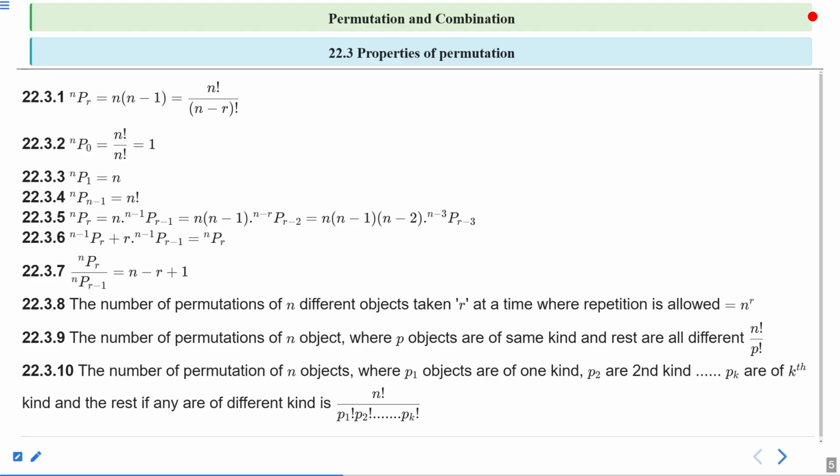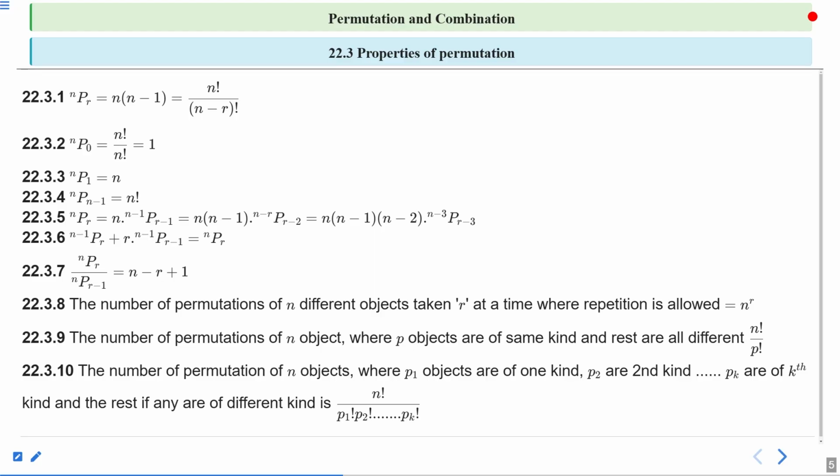The number of permutations of n objects where p1 objects are of one kind, p2 of a second kind, and pk of the kth kind, and the rest, if any, are of different kinds, is n factorial upon p1 factorial × p2 factorial × p3 factorial ... pk factorial.